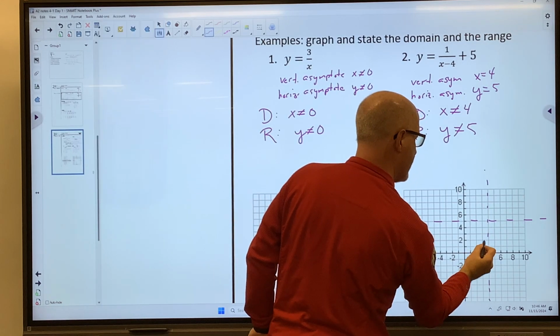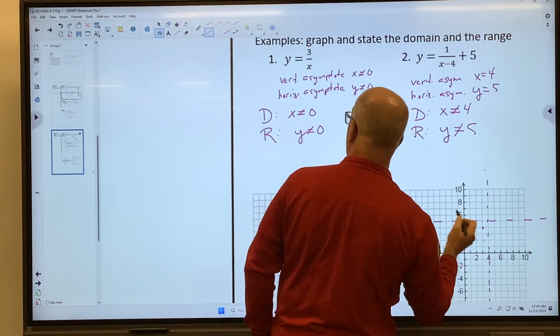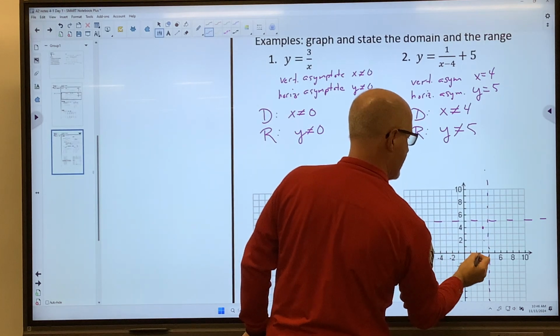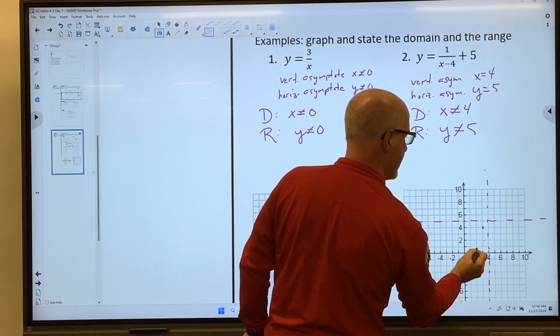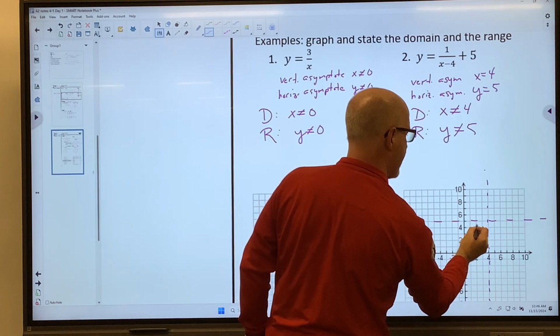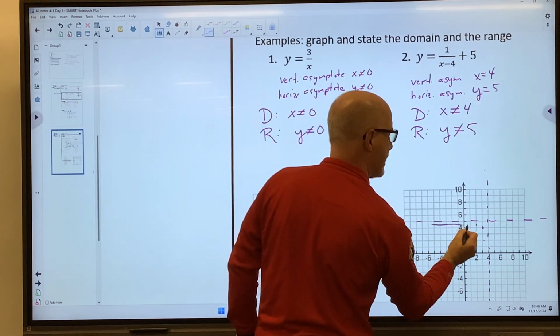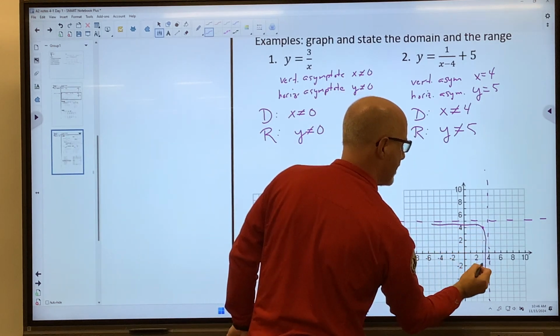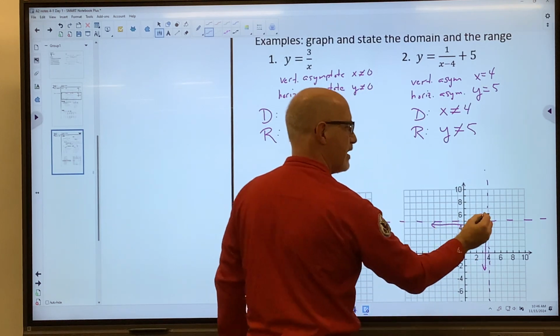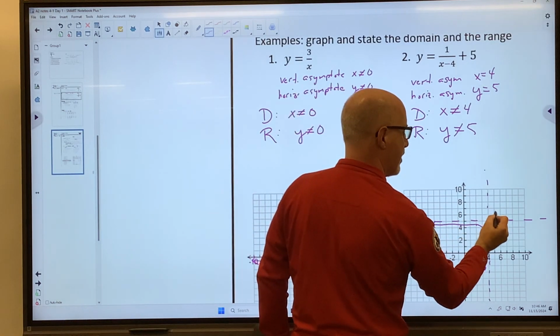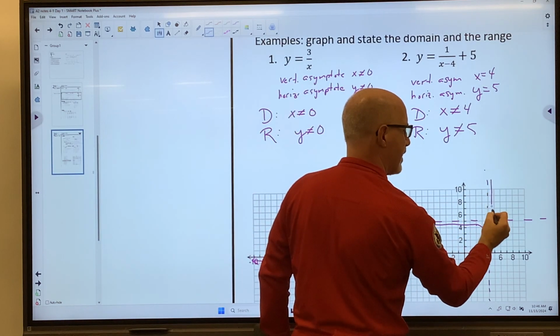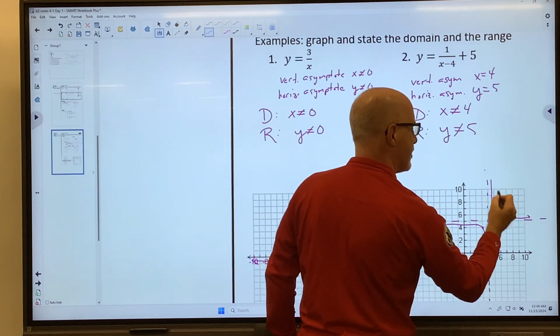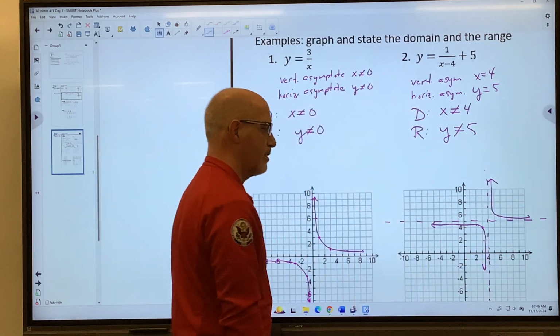So 1, 2, 3, 4. And then I'm going to have 2 with 4.5. And this graph is going to go like this, kind of tight onto it here. And then the mirror values over here will give me a graph over like this, using those table values.